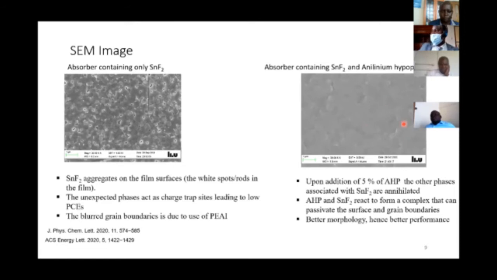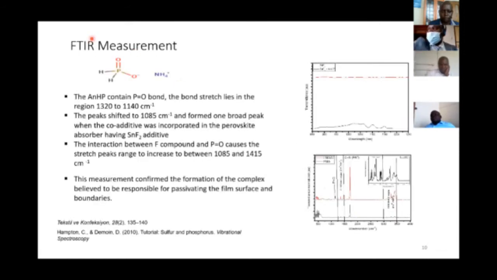And we then used the FTIR measurement to investigate the truth about that. Our AHP has this kind of structure, which has the P=O double bond there. Now, this P=O double bond, from the FTIR measurement, appears around this region, 1320 to 1140.